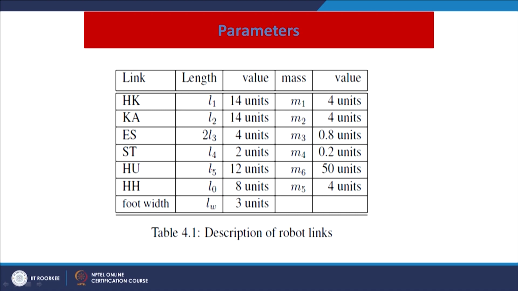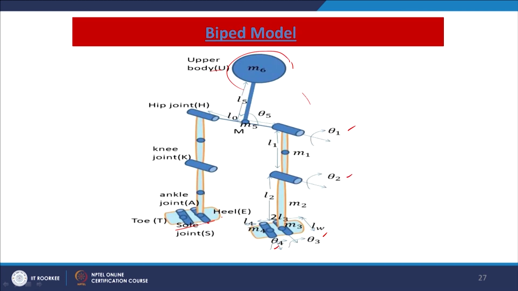These are the parameters, the lengths of the legs and the corresponding masses are given here, and the units. L1 is 14 units, that is from hip to knee is 14 units and knee to ankle is 14 units. The heel is denoted by E, the sole joint is denoted by S, and the toe is denoted by T here.